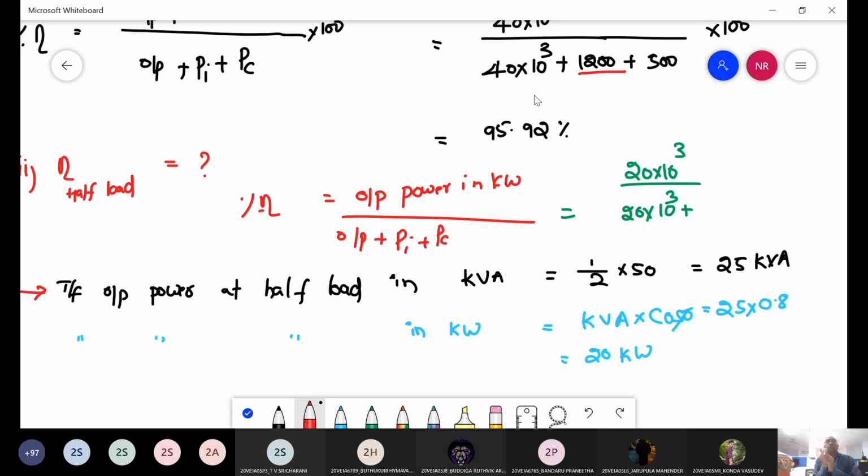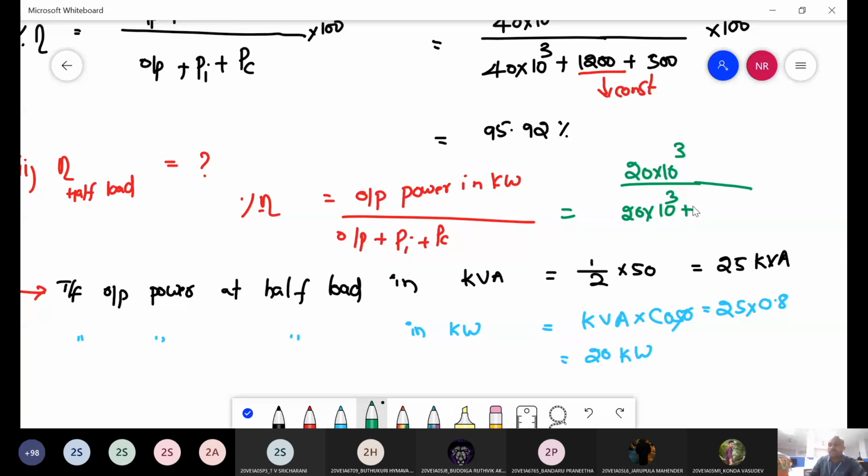Not only in a transformer but also in a motor or generator, once the electrical machine is designed and manufactured, we cannot change these losses. They do not depend on the load, whether running at full load, half load, quarter load or no load. So here we can write it is a constant.